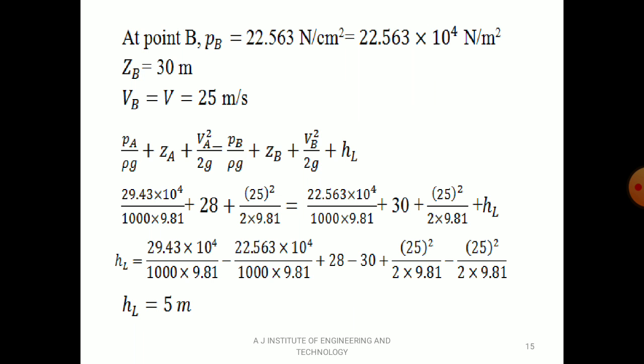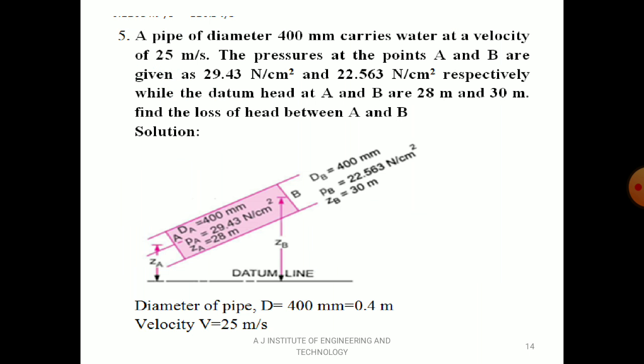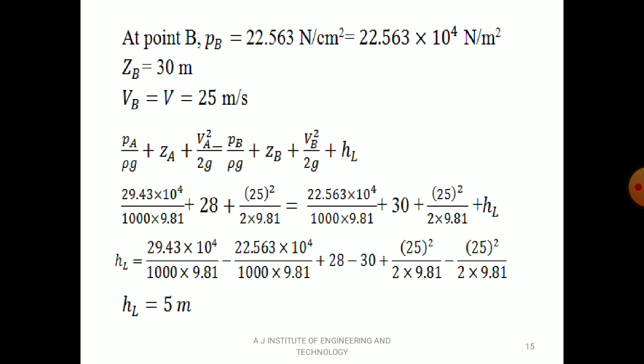So VB equal to V, that is 25 meter per second. Similarly, ZA is 28 meter and PA is 29.43. So you can replace 1 by A and 2 by B, because in the problem it is given as points A and B.